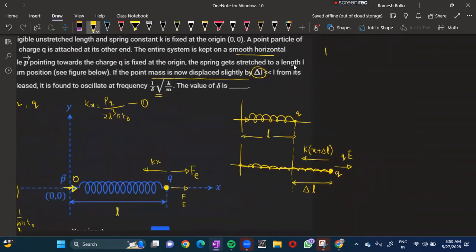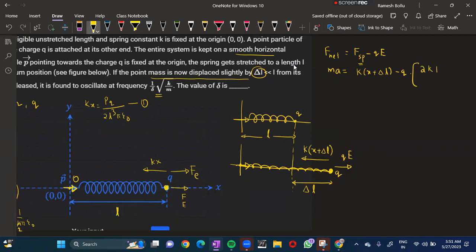Means the net force I can write as spring force minus Q into E. What is the net force formula according to Newton's second law? Mass into acceleration. What is spring force? K into x plus delta L, minus Q into the electric field due to this dipole on this point Q.